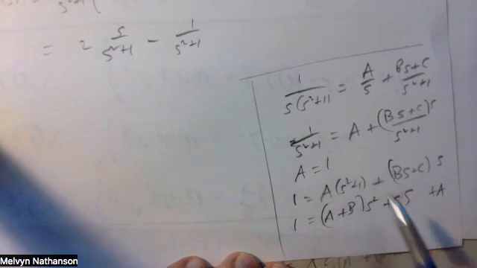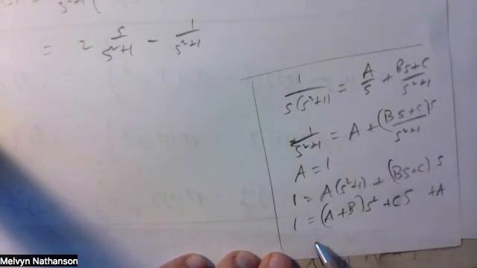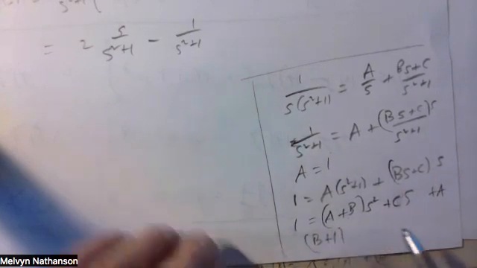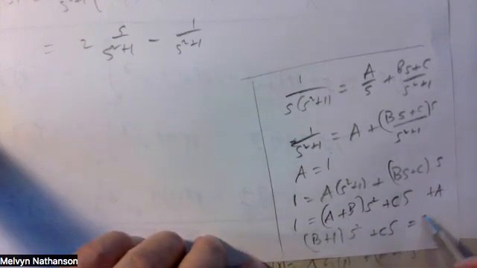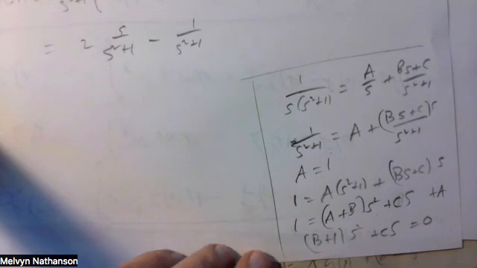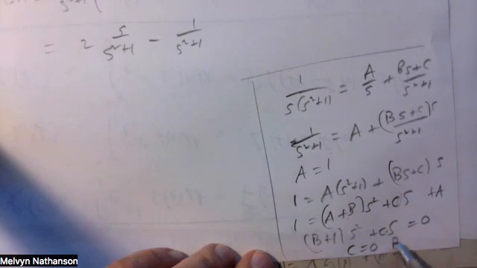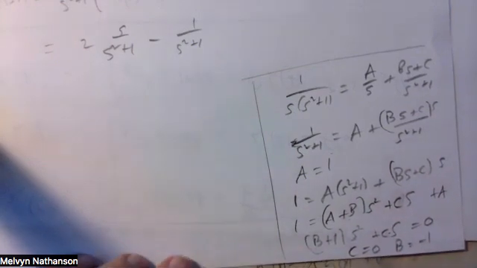And I know a is equal to 1, so b plus 1 s squared plus cs equals 0. So if this is going to be 0, these coefficients have to be 0.